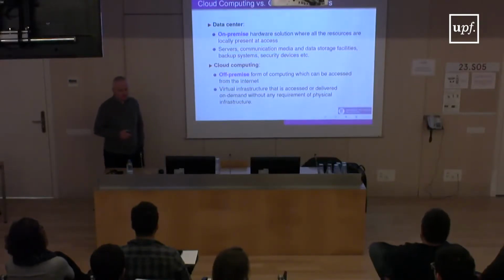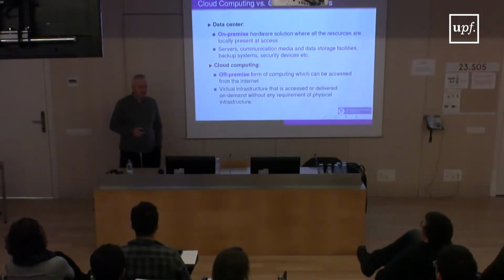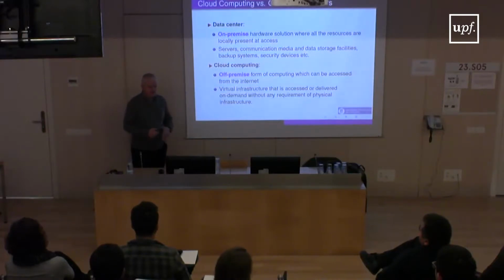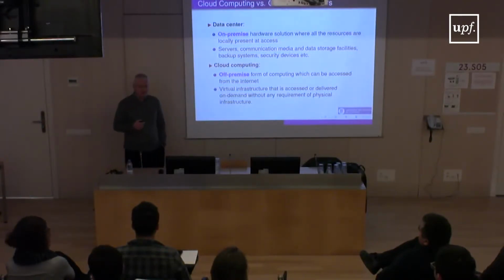So the main difference is that in a data center, everything happens on premises. We do have the hardware and software solution, but all of them are within the bounded premises, let's say, of a certain enterprise, right? In contrast, cloud computing in general runs off-premises, so it's completely virtualized.